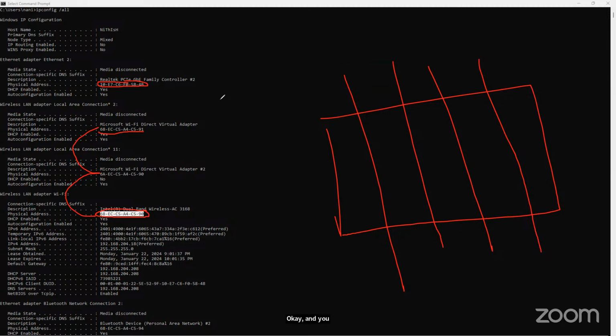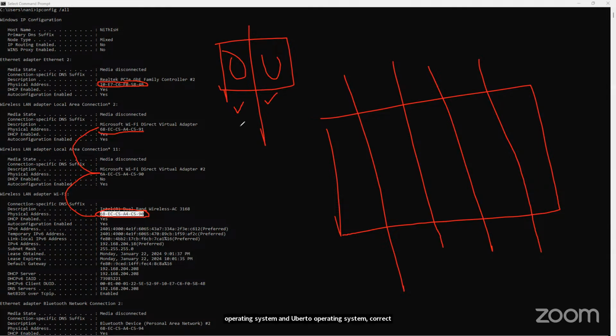In the case of virtualization, you might have seen that in one laptop you have the Windows operating system and the Ubuntu operating system, correct? When you have two operating systems on your laptop, you won't have one separate NIC for Windows and one separate NIC for Ubuntu. You will just have one, which you have to divide between Windows and Ubuntu.